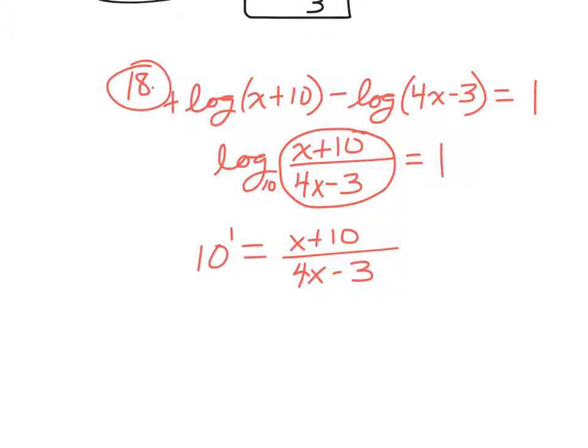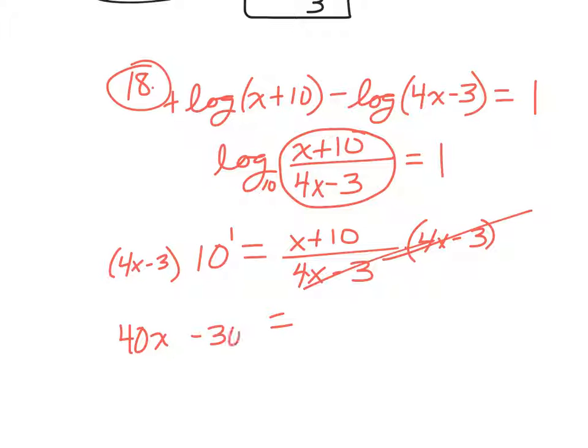Well, that's a rational equation. Let's clear out the denominator. So let's multiply by 4x minus 3 on both sides. So they'll cancel over here. So now what? 10 times 4x minus 3 would be 40x minus 30 equals x plus 10.